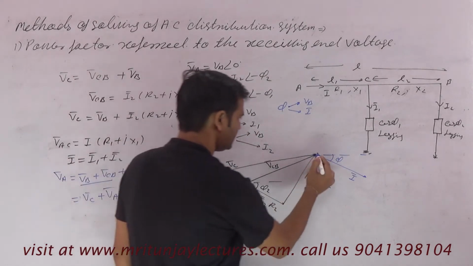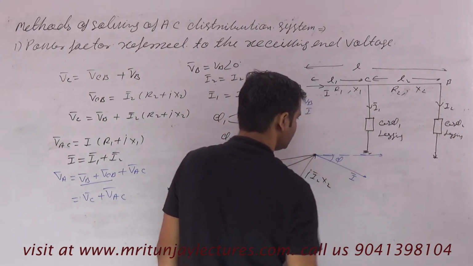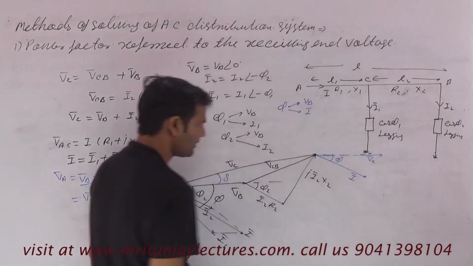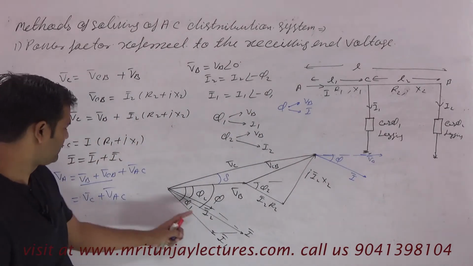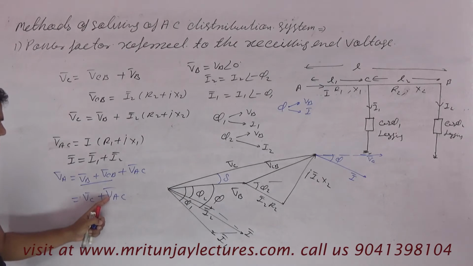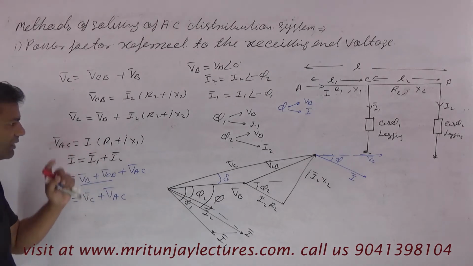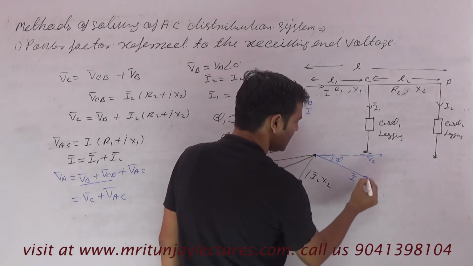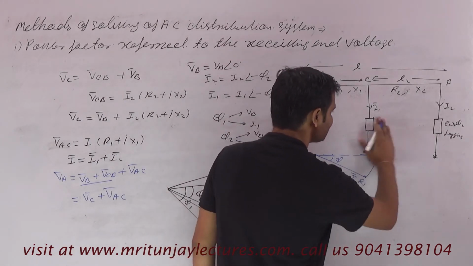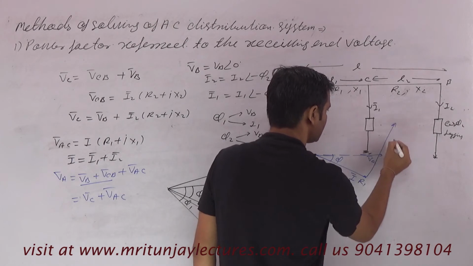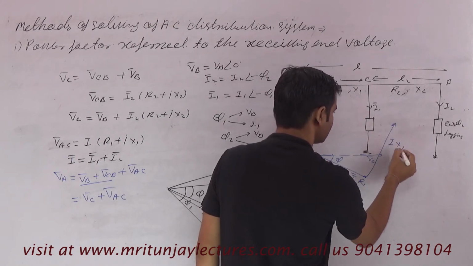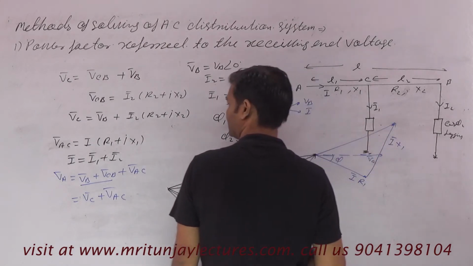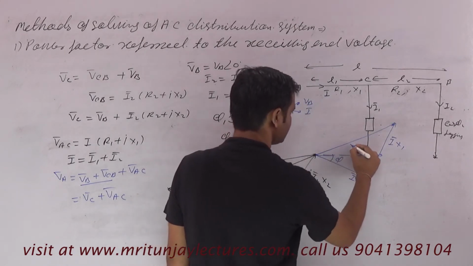Okay, that is VB. And what about V of AC? I into R1, so I into R1, and this one I make I into X1. Okay, and this one is V of AC.